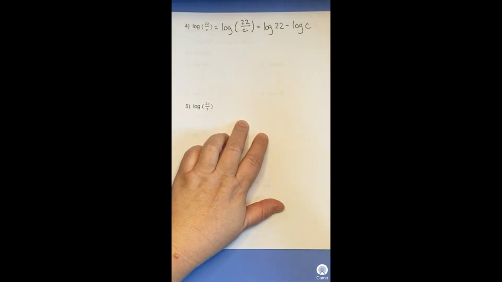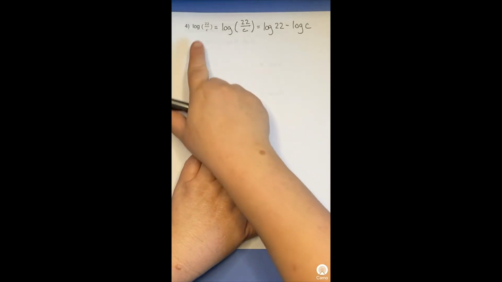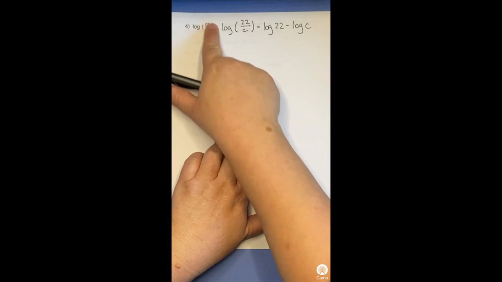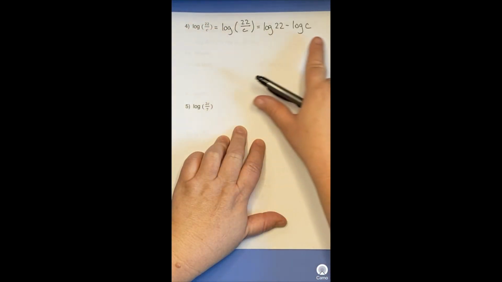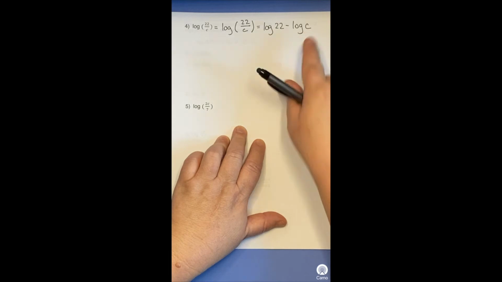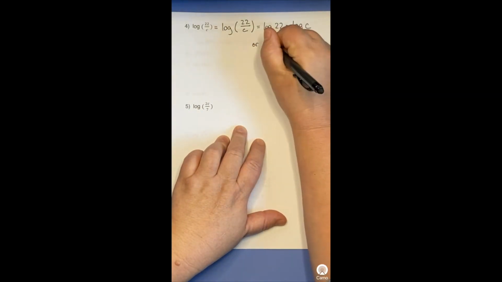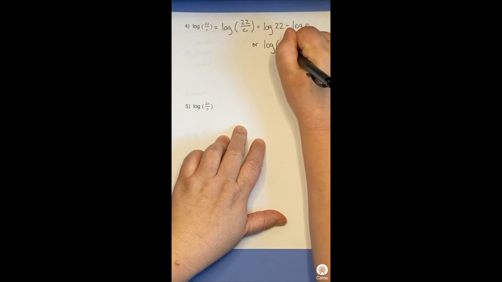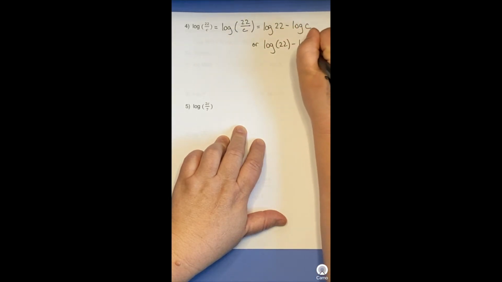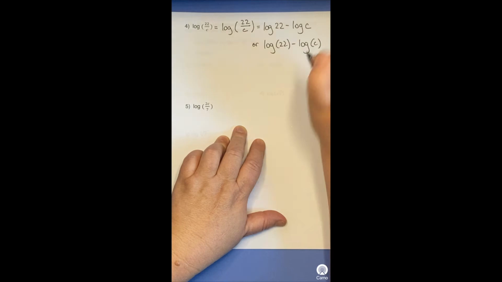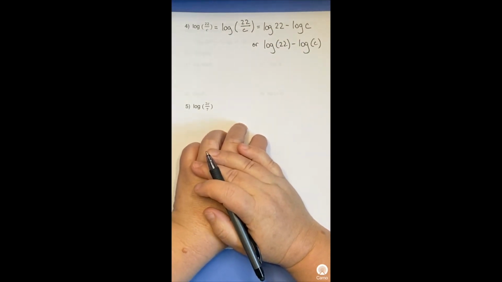The benefit is almost always we're going to be trying to get as close to the variable as we can. Here the variable was trapped inside a larger expression. Now the variable is closer to outside. It's still log of c. And again, I'll remind you, you always have this option of writing in the parentheses if it's easier for you to parse, so it doesn't look like log c.